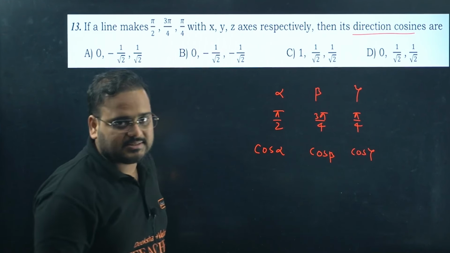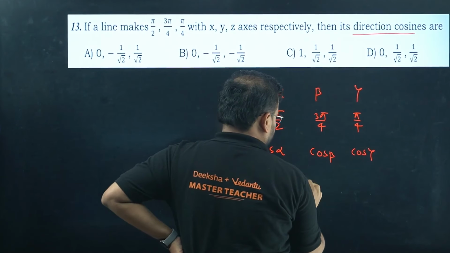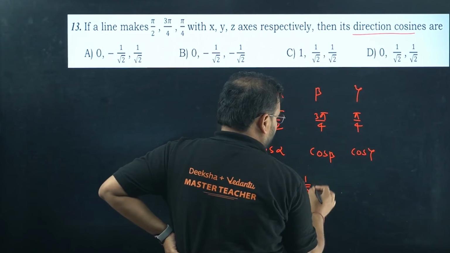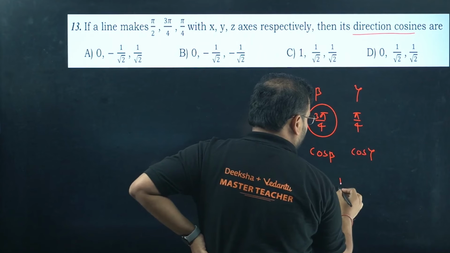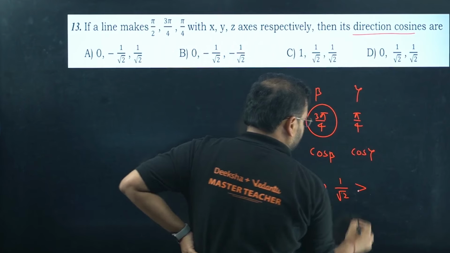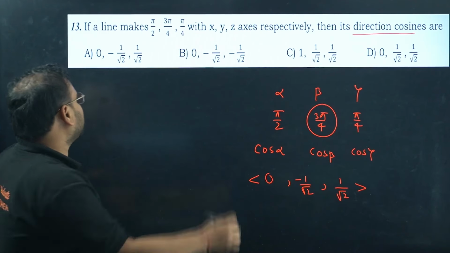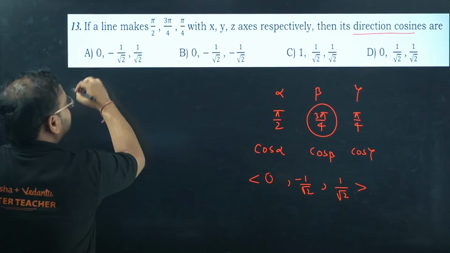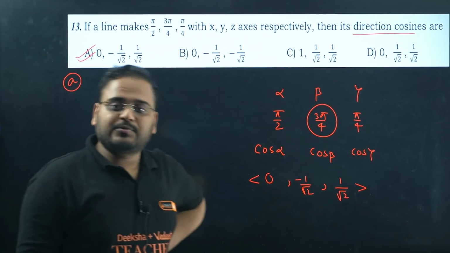Direction cosines. Cos pi by 2, 0, minus 1 by root 2. Why sir? Second quadrant. This angle is in second quadrant, that's why. And this will be in first quadrant, so positive. Answer is 0, minus 1 by root 2 and 1 by root 2. How can I say that? Special angle values we should know. 13 is option A.